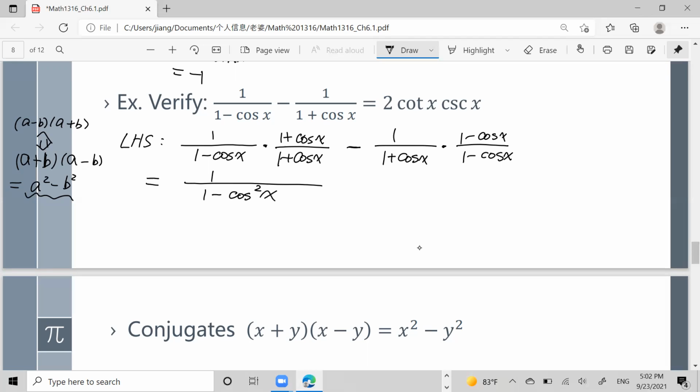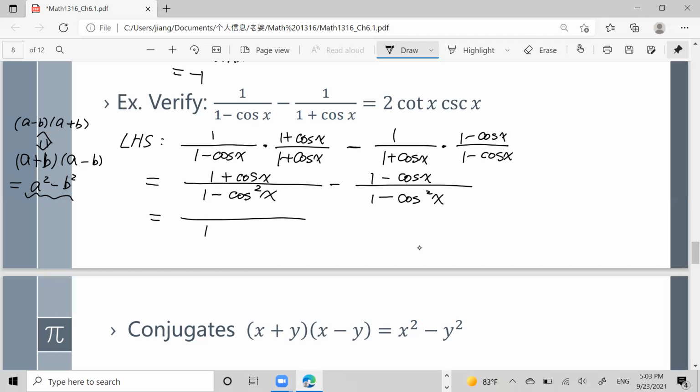And the top one is 1 plus cosine x, and minus, so multiplying these two terms together I got 1 minus cosine squared of x. And then the top part is 1 minus cosine x, and then add them up, do the subtraction.